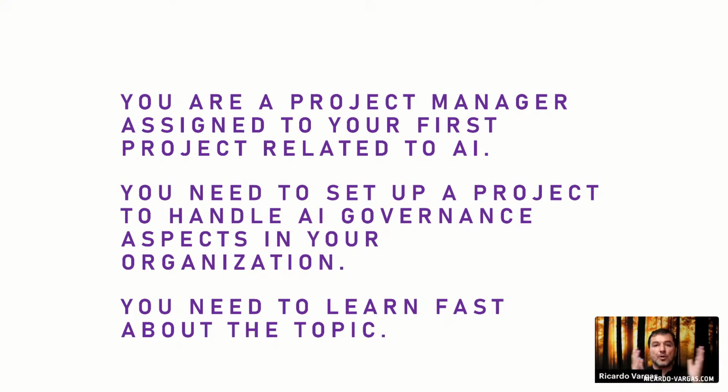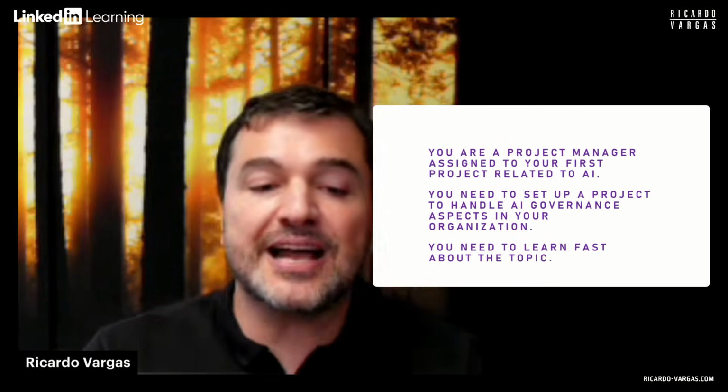You are a project manager assigned to your first project related to AI, and you need to set up a project to handle AI governance aspects in your organization. And you need to learn very fast. You don't have too much time to learn.